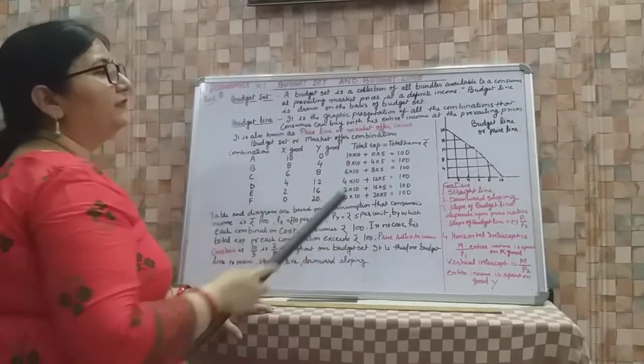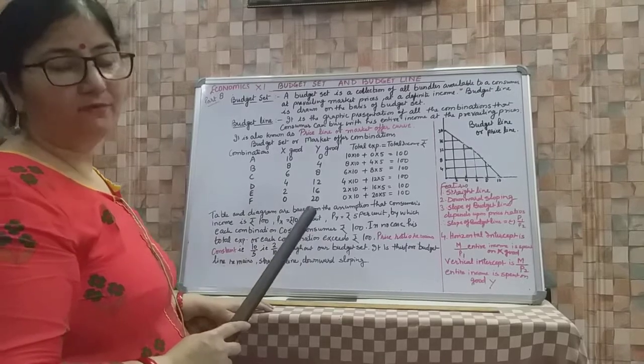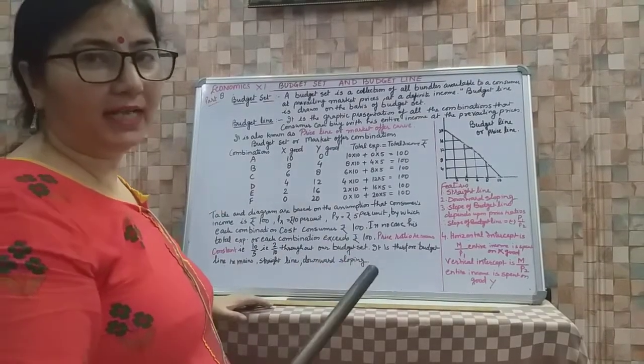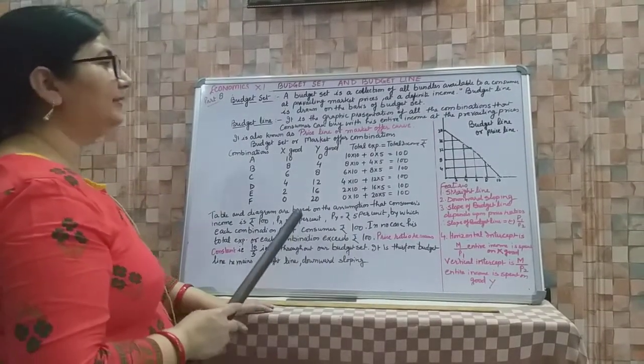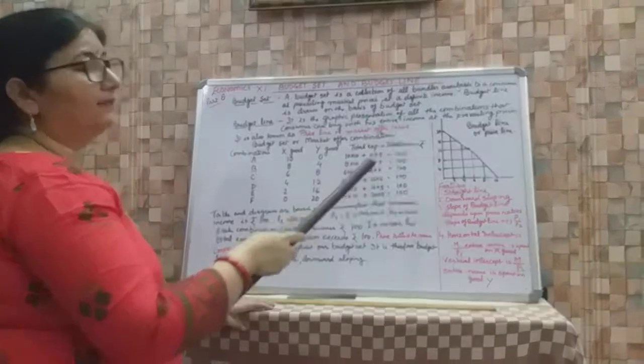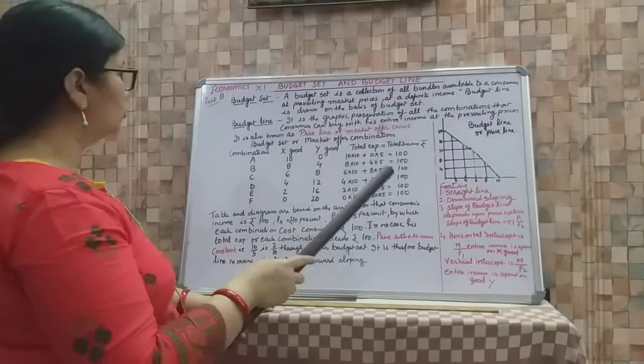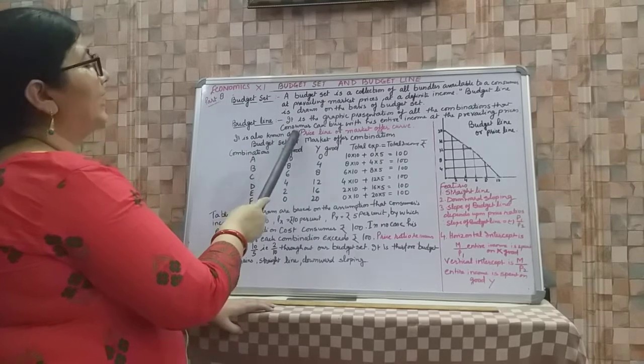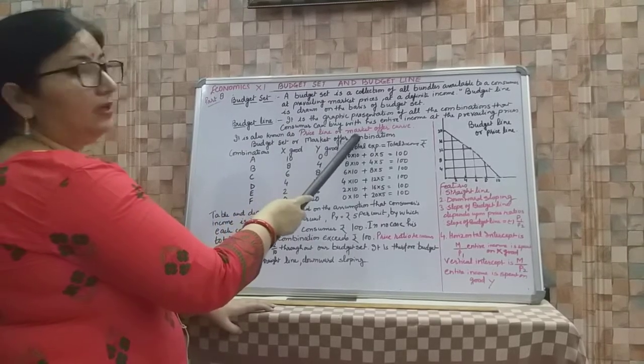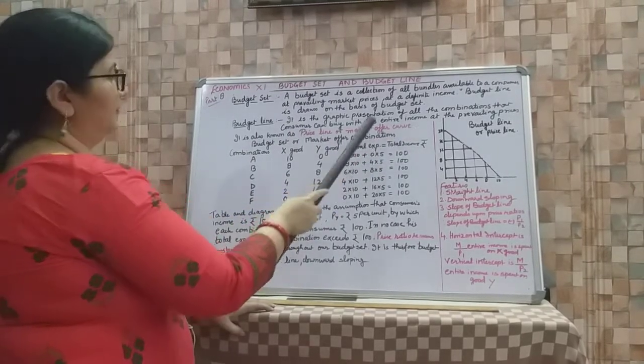Whatever number of units we purchase of a particular good or different types of goods, they are bought with our limited income. So, it is also known as the price line or market offer curve.